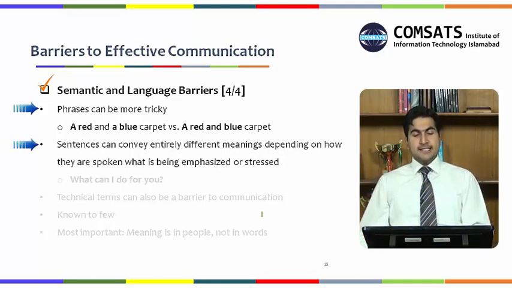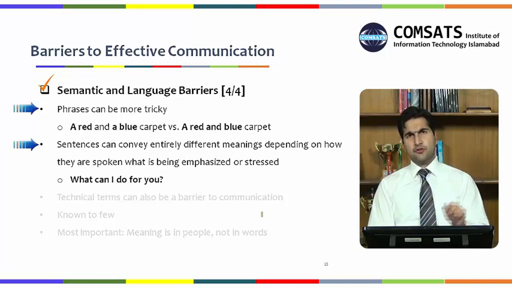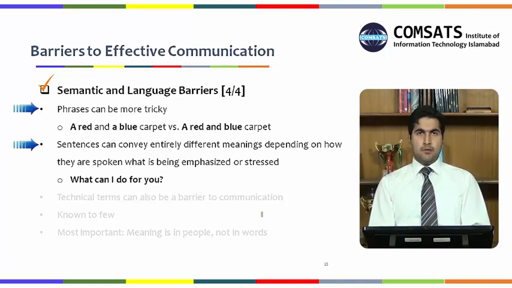Moving ahead, sentences can convey entirely different meanings depending on how they are spoken and what is being emphasized or stressed. Because I explained this in my previous lecture, I'm going to talk about it briefly by giving you the example. What can I do for you? What can I do for you? What can I do for you? Or what can I do for you?